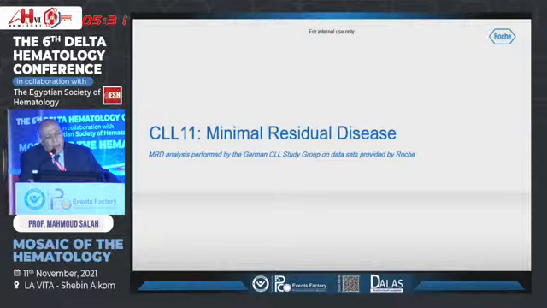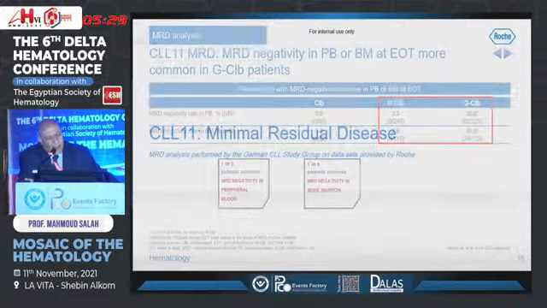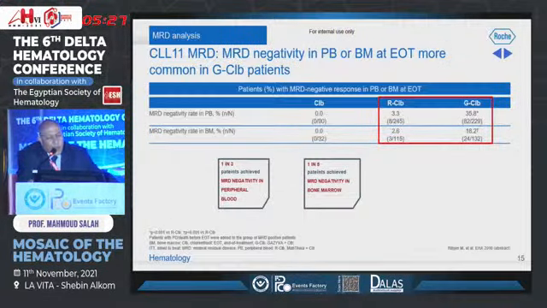How about the minimal residual disease in the CLL11? The MRD negativity in the peripheral blood or the bone marrow at the end of treatment was more common in Gazyva chlorambucil.